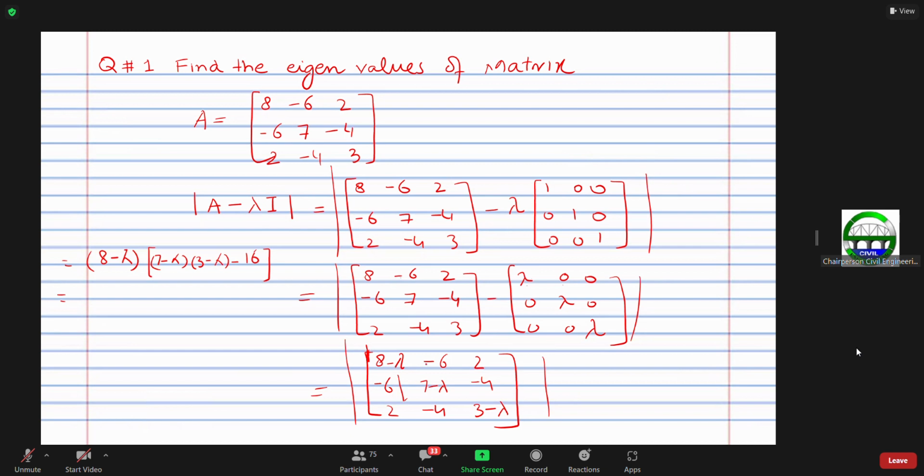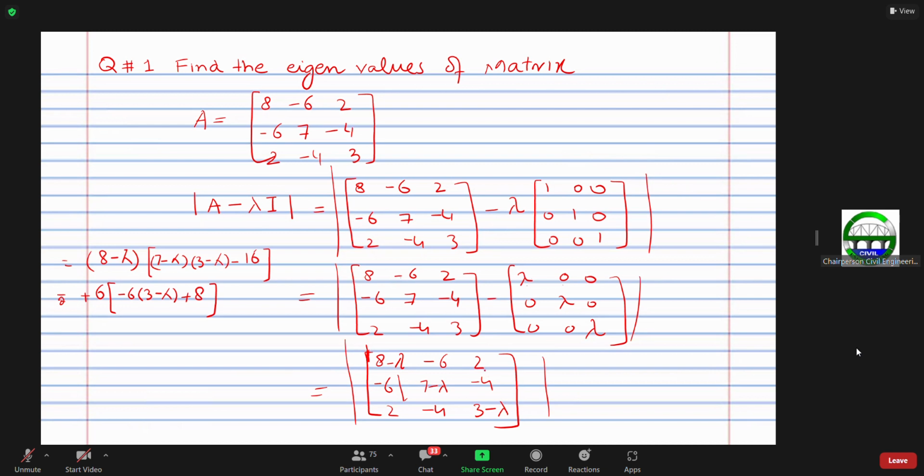So I will remove this minus, it will be plus 6, and in the bracket minus 6 into 3 minus lambda, minus 8, it will be plus 8.